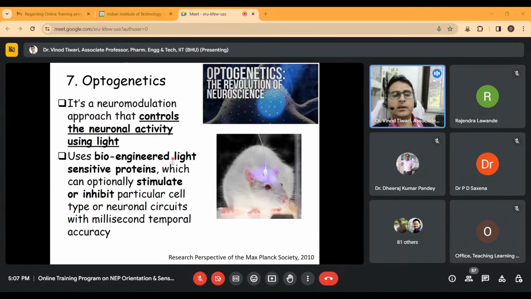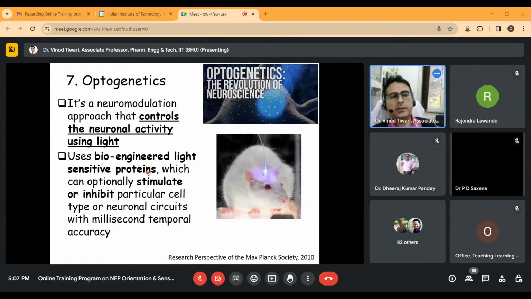Now the very interesting thing is that you can use light of a certain wavelength. If you use blue light, we are going to activate channelrhodopsin, and it will activate certain neurons. In a similar manner, halorhodopsins can be activated by light of another wavelength, which is yellow light.